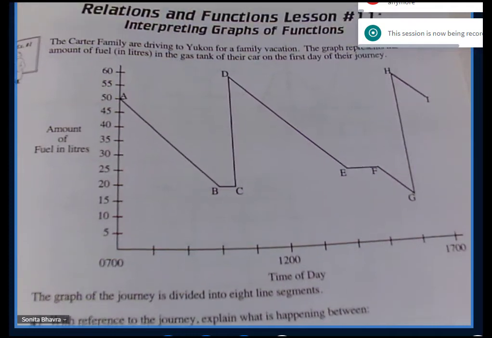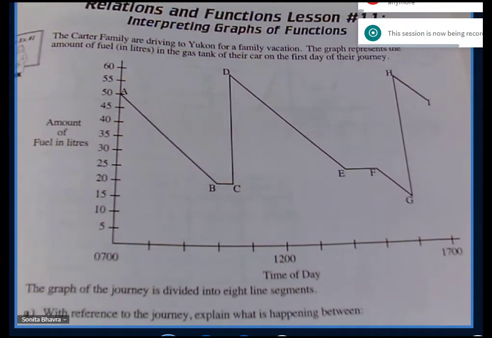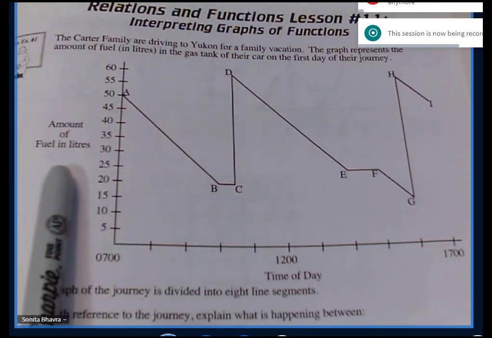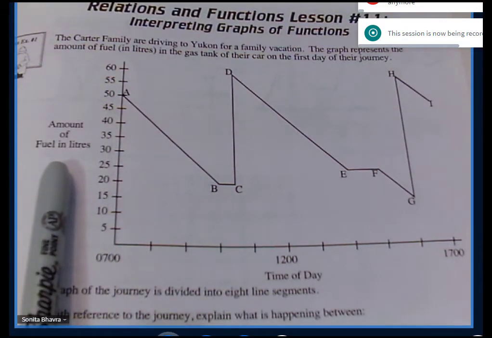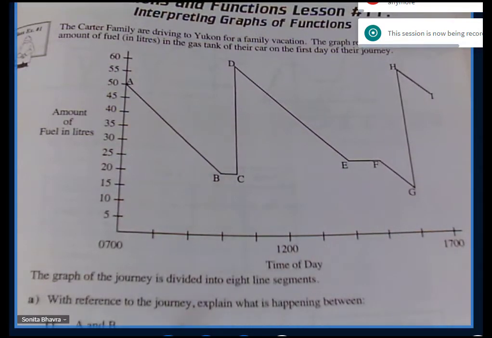All right, so we're just looking at this graph here. So our y-axis here is amount of fuel in liters, and our x-axis is time of the day.